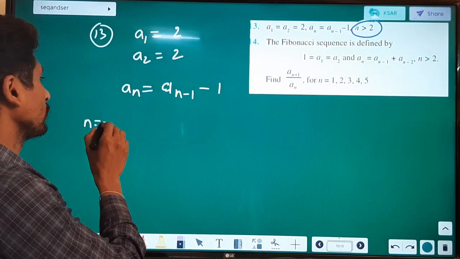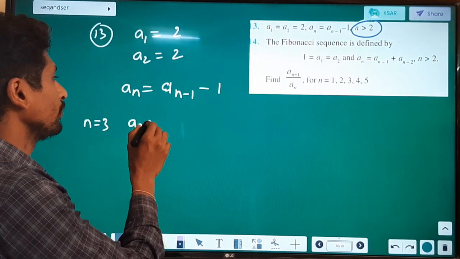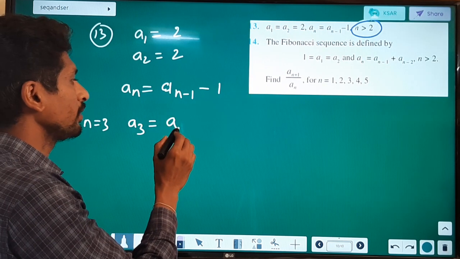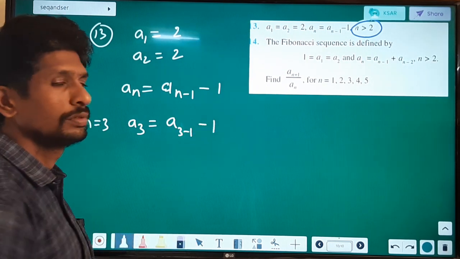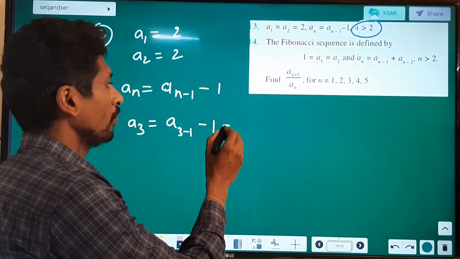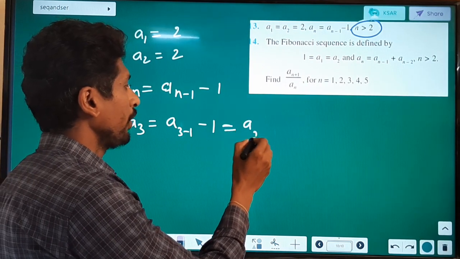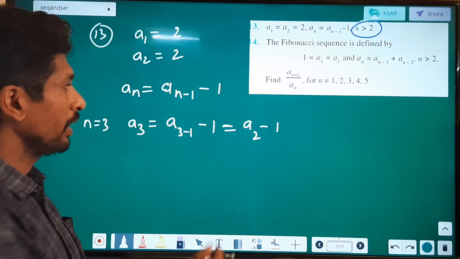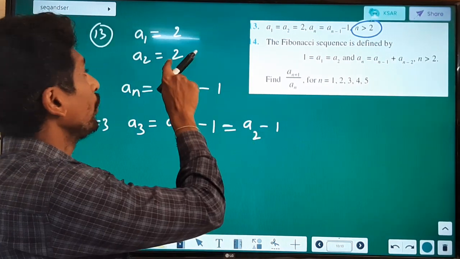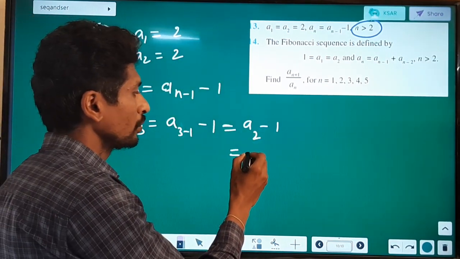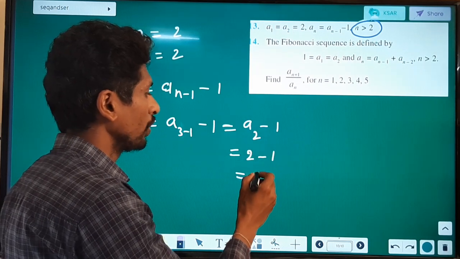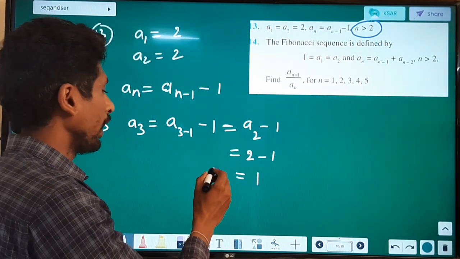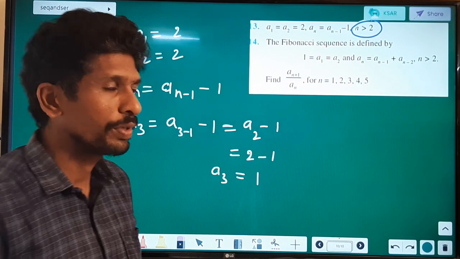A3 becomes A3-1 minus 1, that is A2 minus 1. Substituting A2, which is 2, 2 minus 1 becomes 1 itself. So the third term A3 also becomes 1.